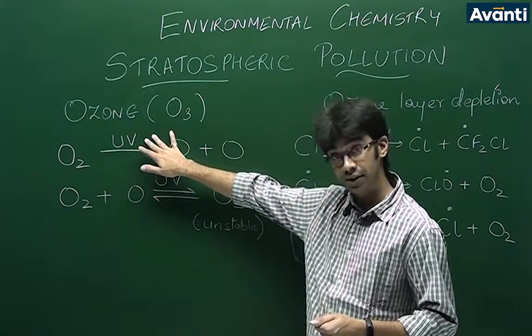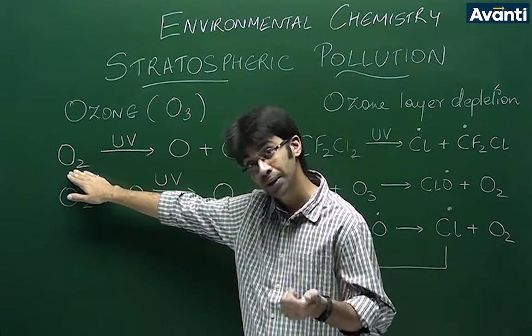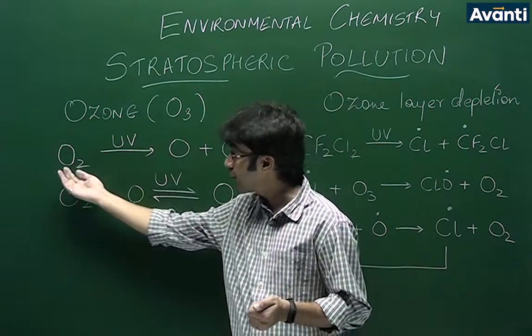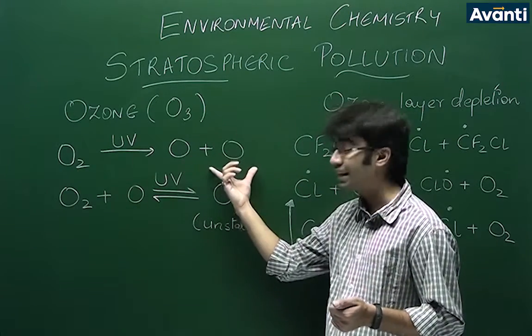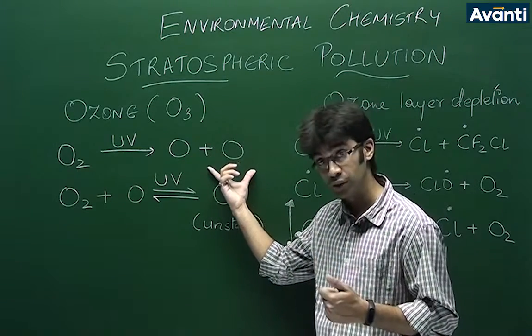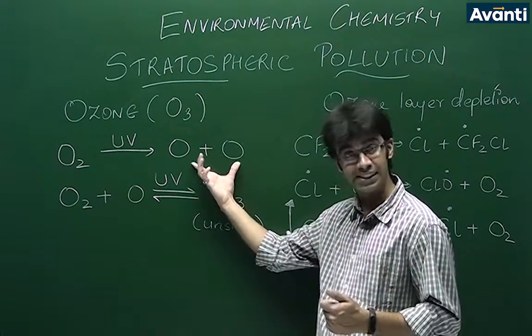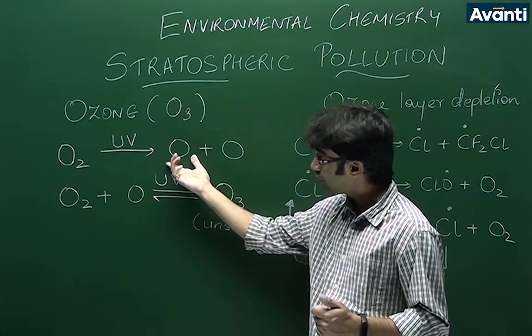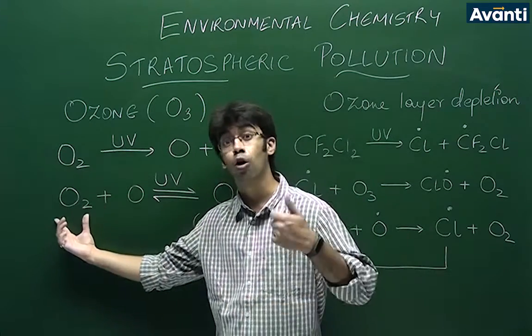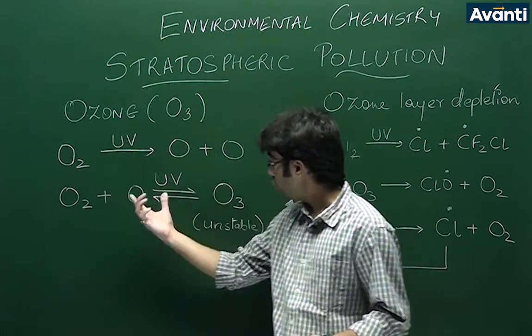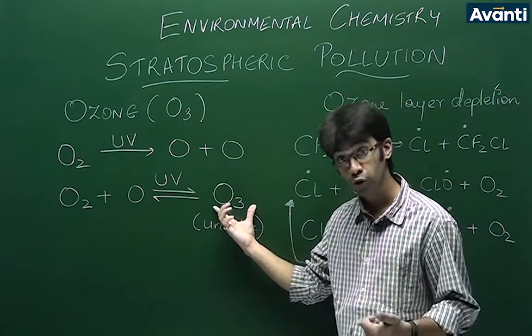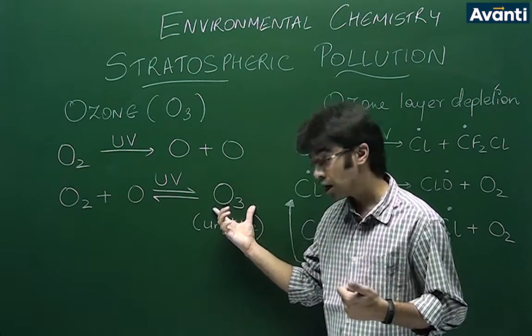Whenever ultraviolet radiation hits oxygen, which is already present in the air, it splits up the oxygen into free radicals of O individually. These free radicals are typically very reactive because they're unstable, and oxygen free radicals further combine with the oxygen molecules present to create what we call ozone, which is nothing but O3.